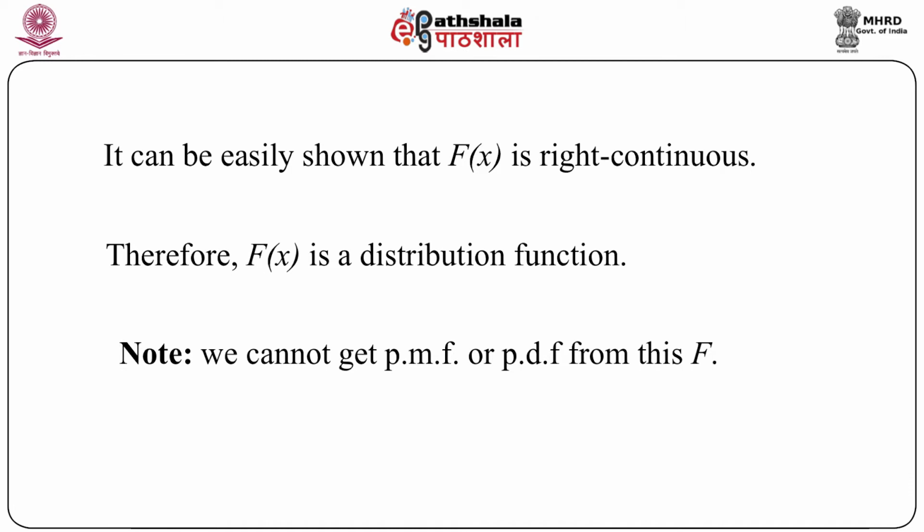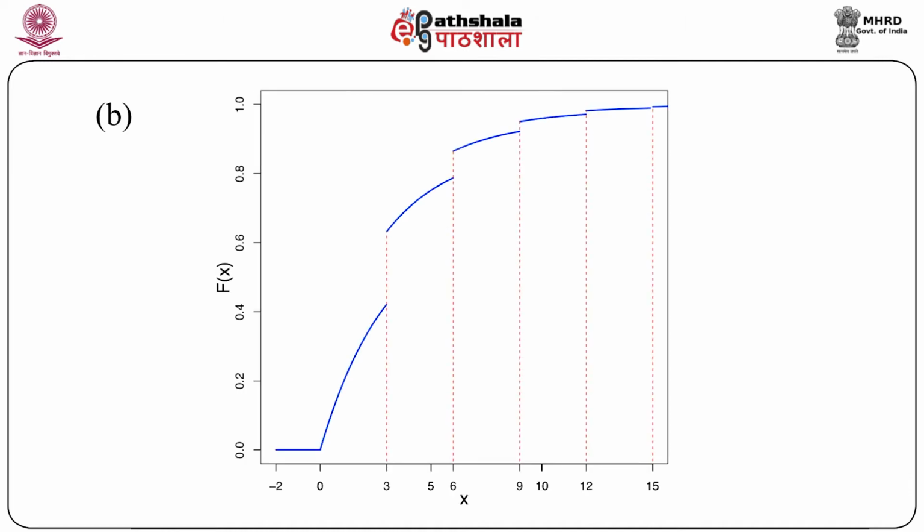This claim will be immediately clear if we just look at the graph of capital F. And here is the graph of capital F. If you recall the function capital Fx, there is a floor of x by 3. That means whenever x is a multiple of 3, it is a whole number, but if x is slightly larger than the multiple of 3, then again floor of x by 3 would be that multiple of 3.